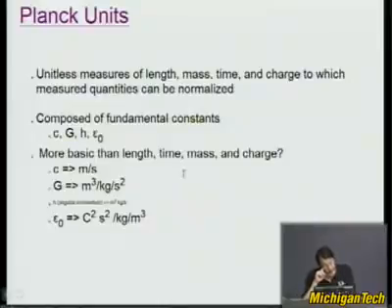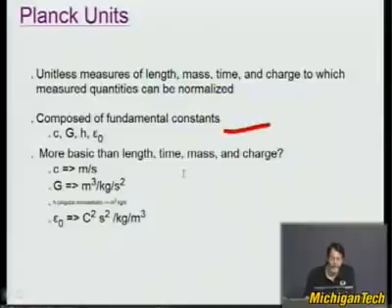Planck units. Okay, so before last lecture, we broke units up into seconds, meters, kilograms, and charge, the four fundamental units. But in a way, it might be better to break things up into fundamental constants.